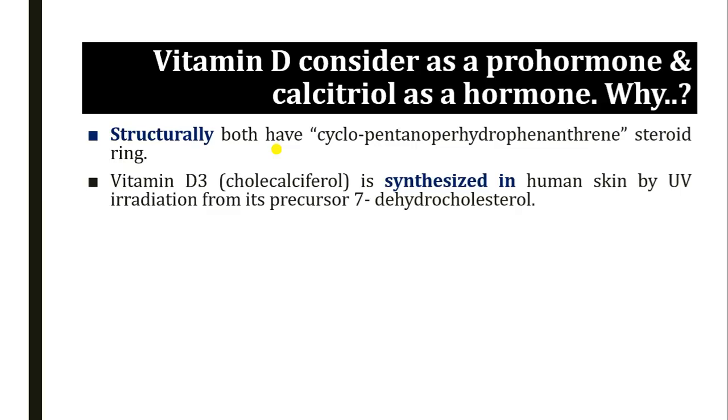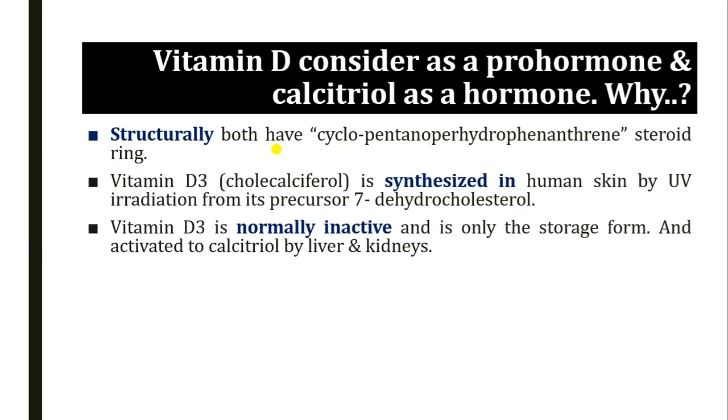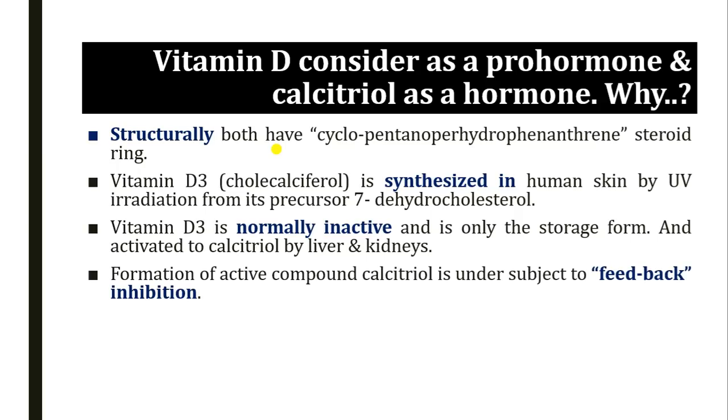Vitamin D, that is cholecalciferol, is synthesized in the human skin by UV irradiation from its precursor, 7-dehydrocholesterol. Vitamin D synthesized in skin is normally inactive and a storage form, and it is activated to calcitriol by the liver and kidney.